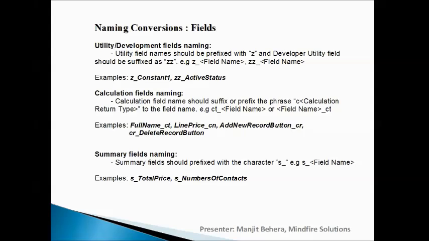Then, for the total price, we use the unit price multiplied by the quantity, equal to the line price. To notify that field we usually use line price underscore cm. That means this field returns calculated numeric data.